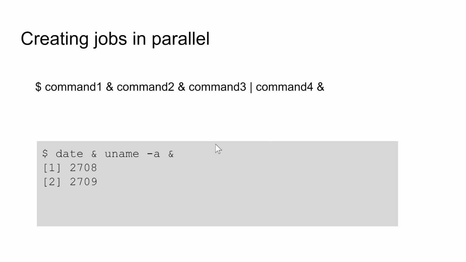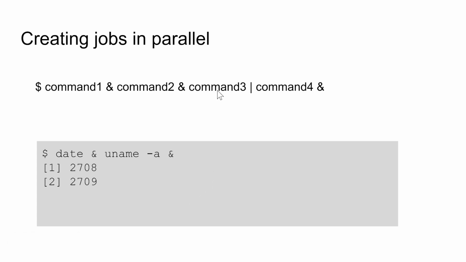So you see how in the first 3 commands here prior to the pipe, those are all one job, and then after the pipe and another ampersand, that's a separate job. So in this case, down here I use the date command, and then I put that in the background, and then I use the uname command, and I put that in the background. Every time there's an ampersand, it becomes a job.